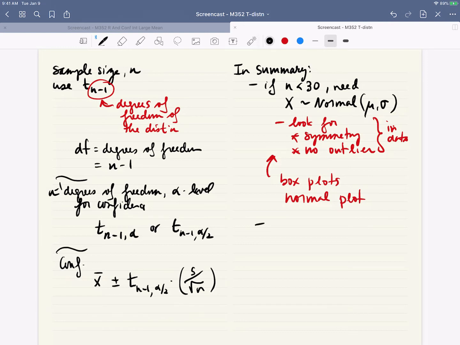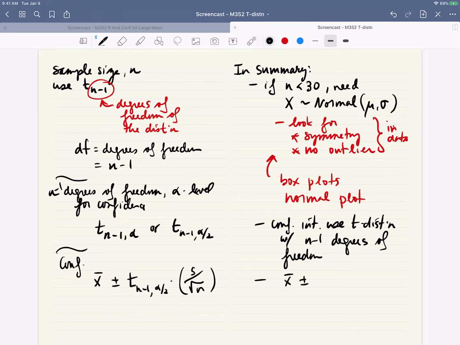Continuing our summary, confidence intervals use the t-distribution with n minus 1 degrees of freedom. And finally, the confidence intervals have the form of the sample mean plus or minus this t percentile for alpha over 2 times the standard deviation of our sample mean.